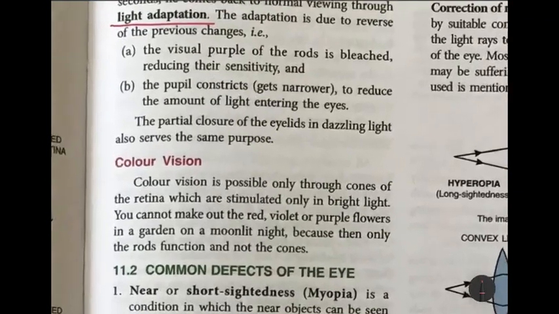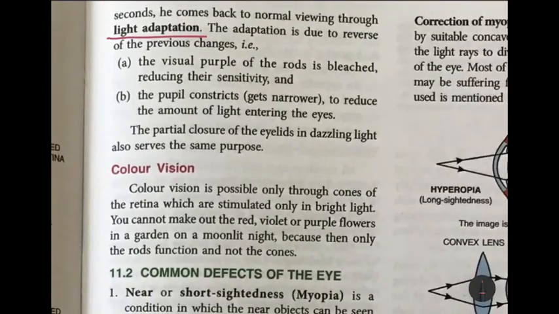Again, it is because of the opposite changes that take place. The visual purple, which was helping you to see in the dark inside the cinema hall, will become bleached, and it reduces their sensitivity, because in the light the rods do not have any work.